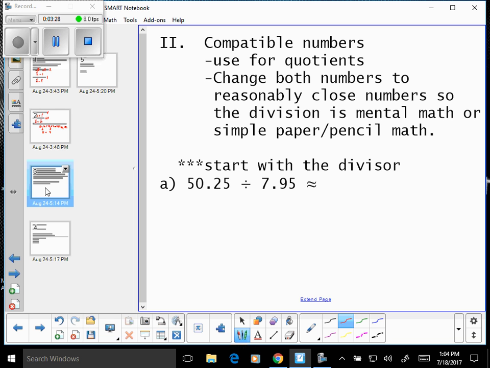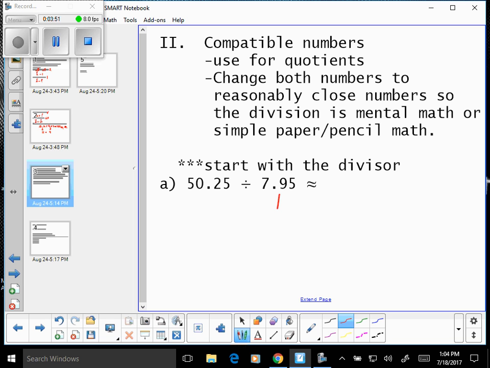We are going to change both numbers to reasonably close numbers, so the division is mental math or pretty simple paper pencil math. And it's very important, which is why I have 3 asterisks, that you remember to start with the divisor.